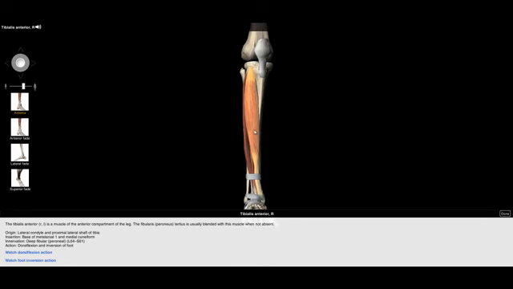The innervation is the deep peroneal nerve, and again, looking at its orientation, it wants to come down at a slight angle, and as such will be responsible for that midfoot inversion as well.